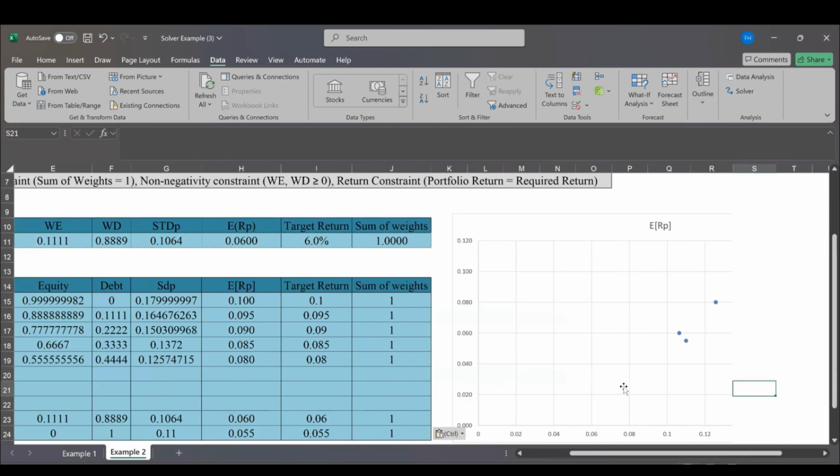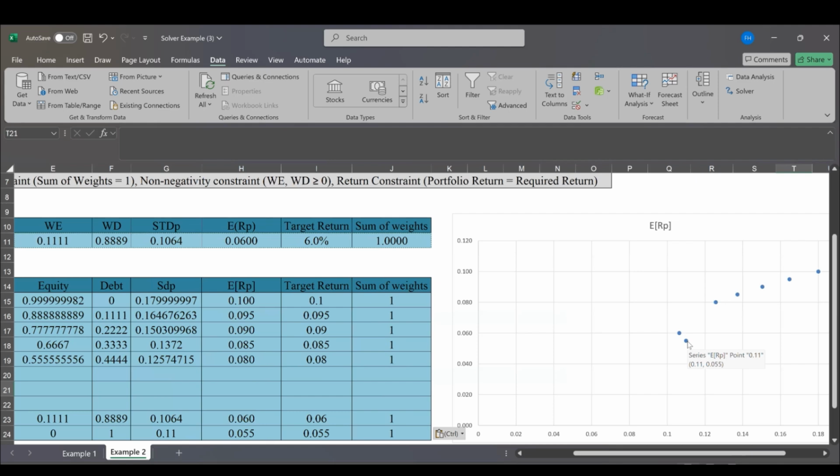So now here, like the efficient frontier is not yet complete. However, you can see this, like this point here is for the portfolio with a return of 5.5% and where the risk of the portfolio or the standard deviation is 11%.